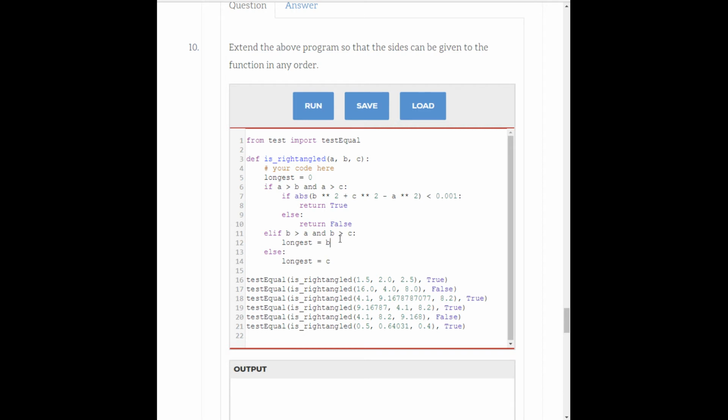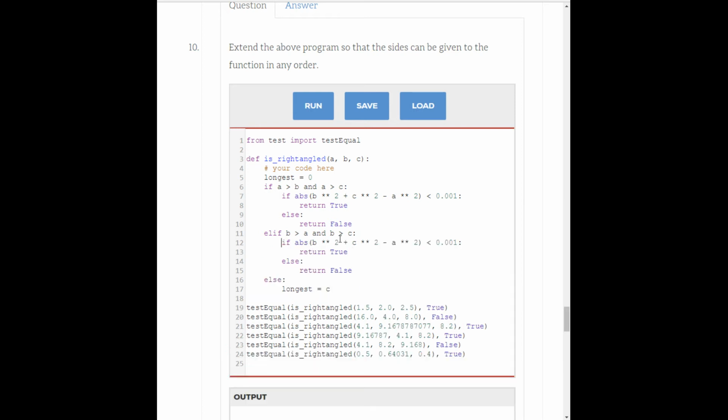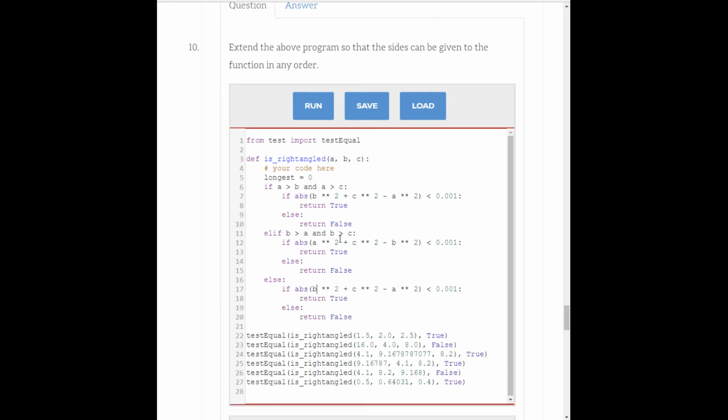Else, do the same thing, but replace the values so that B is the longest. So replace B here with A and A here with B. Else, that means C is the longest, and we can just have it the way we normally have it. Okay, so this should work.